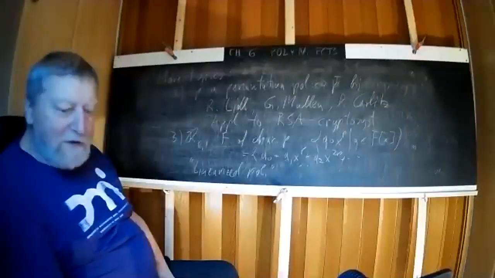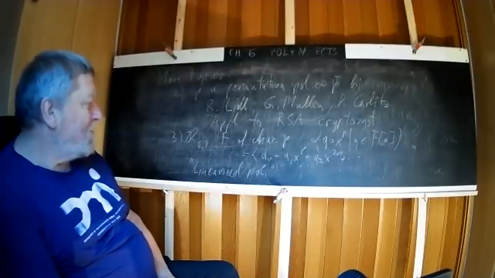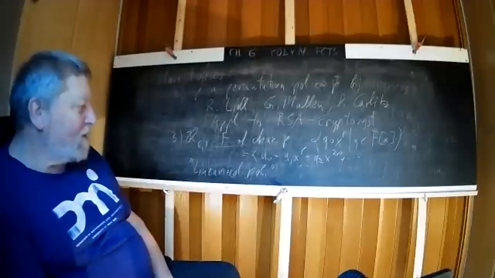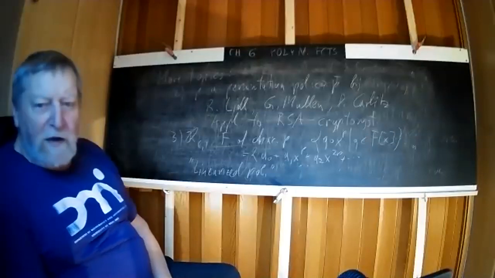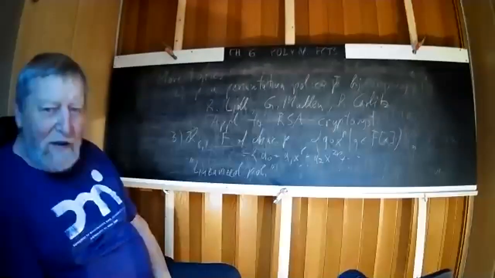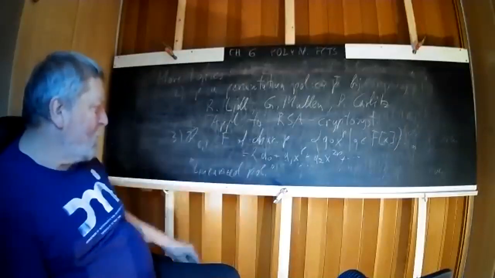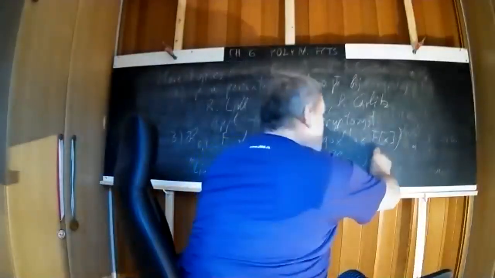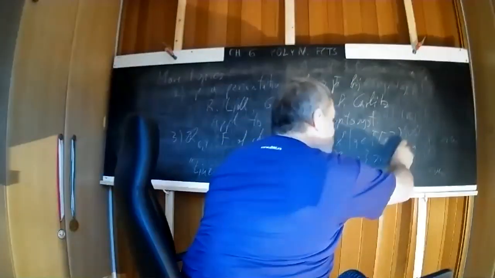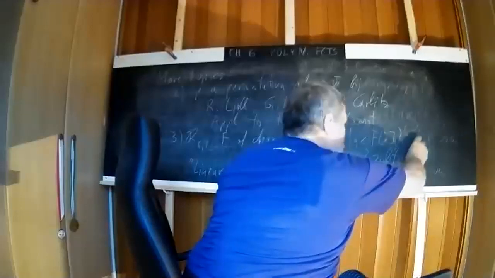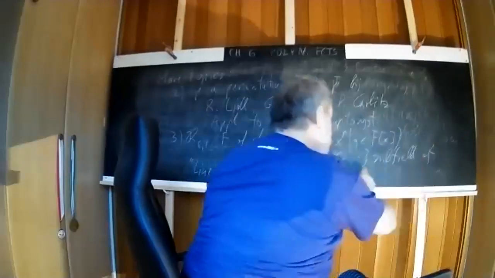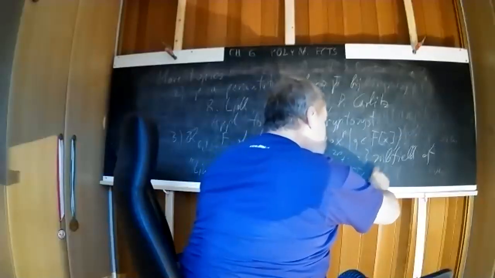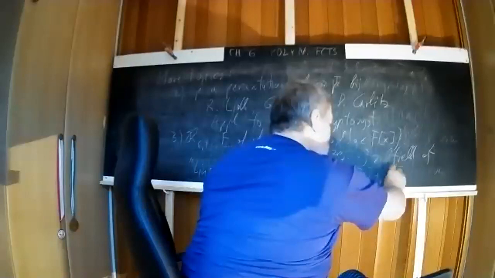This name is quite good because these polynomials have the property that they are distributive. And in fact, these polynomials form a subfield of the polynomial ring F of x with plus and composition.